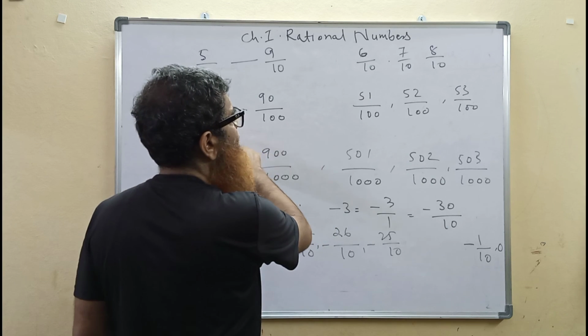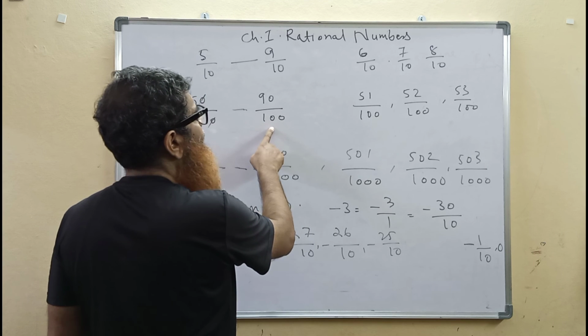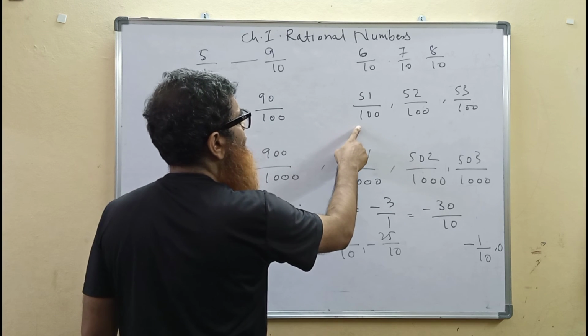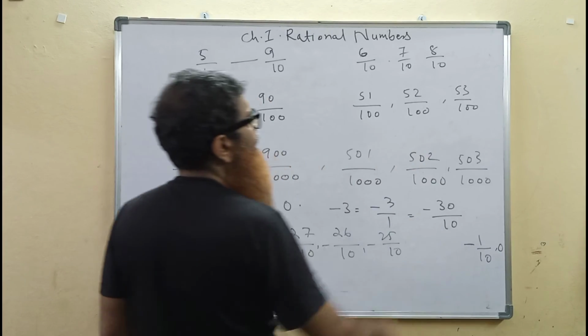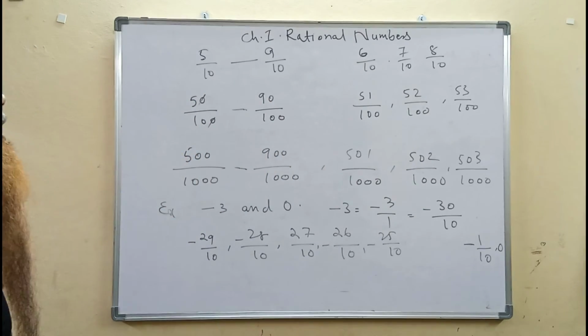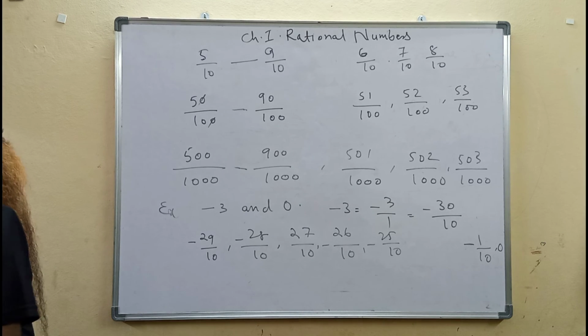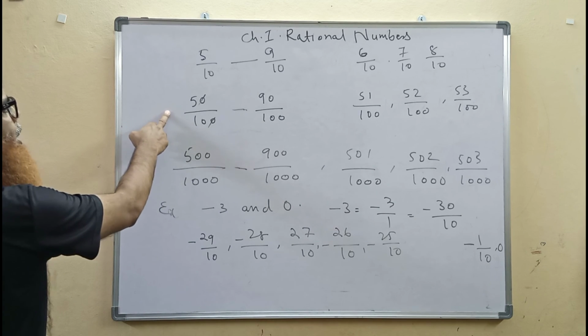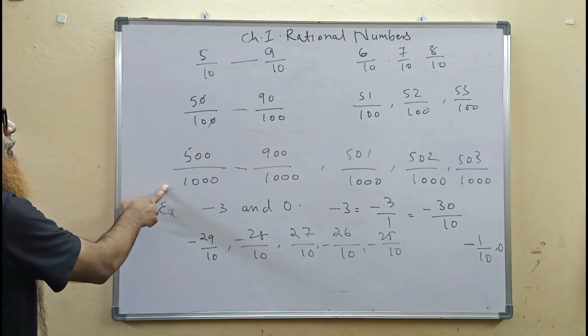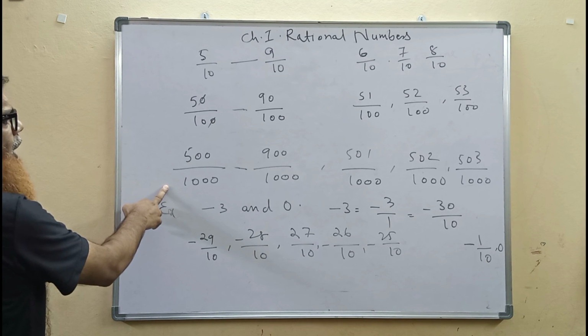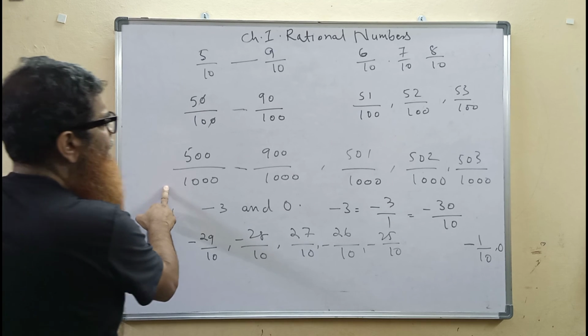So we have rational numbers between 50 by 100 and 90 by 100, like 51 by 100, 52 by 100, and 53 by 100. Further, we can write 5 by 10 as 500 by 1000 also. It's also an equivalent rational number.